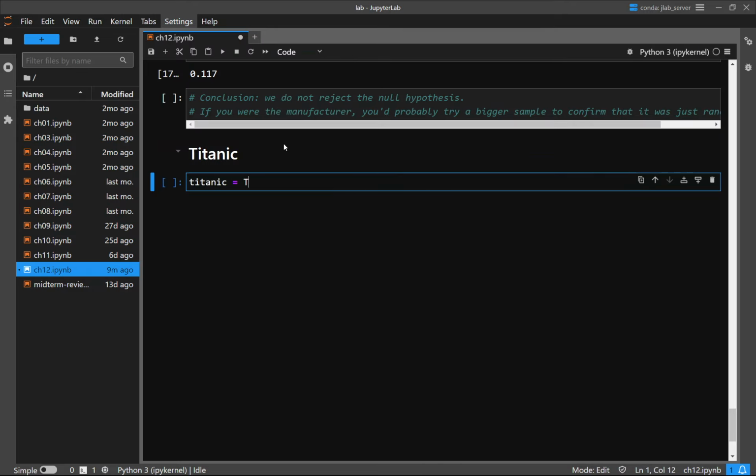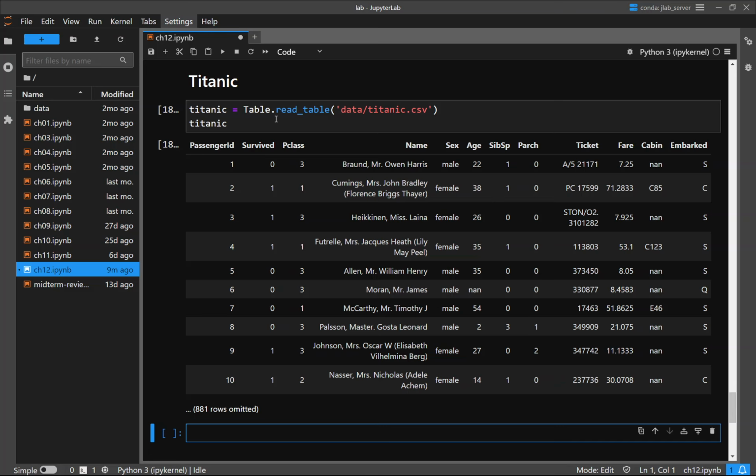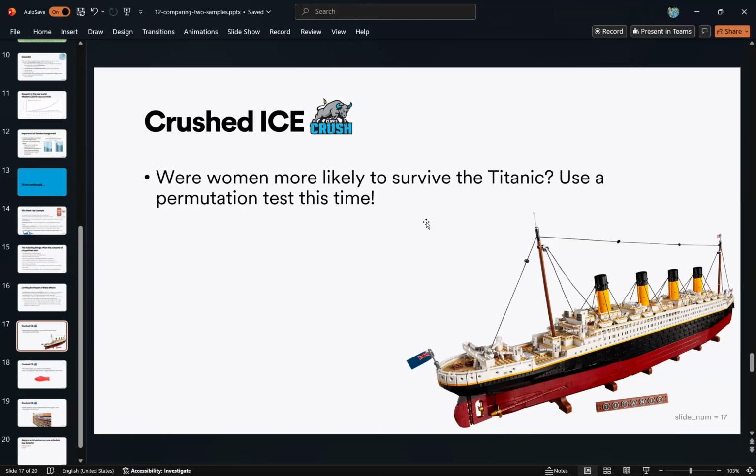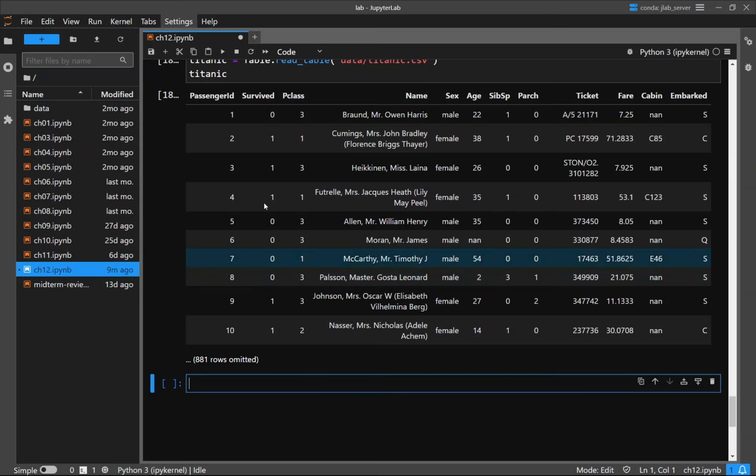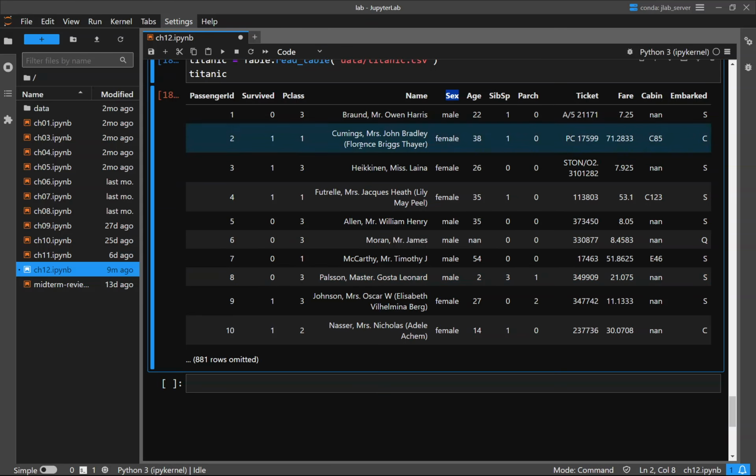But here's all this. This is our Titanic data set. If we want to know who survived, like, was it true that women were more likely to survive the Titanic? All we really need to know is, for all these passengers, what was their sex and did they survive? So let's call that Titanic.select sex and survive.